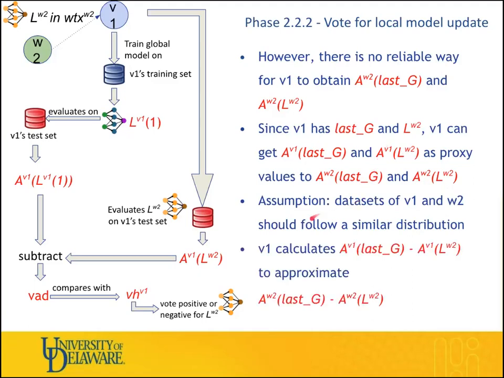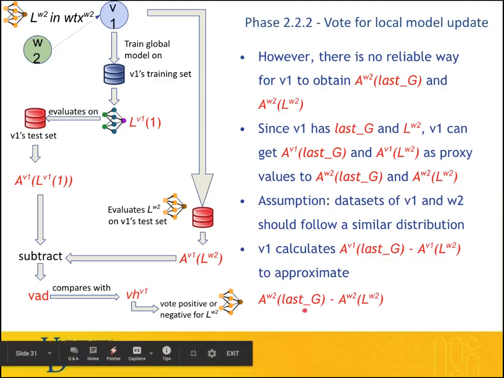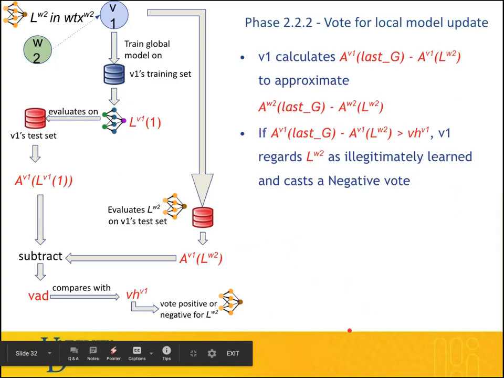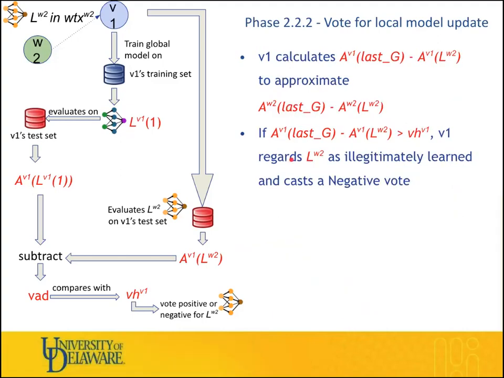Okay. Therefore, V1 could calculate AV1 last G minus AV1 LW2 and use this difference as the proxy difference to AW2 last G minus AW2 LW2. Then V1 compares this new proxy difference with its validated threshold value, which is the accuracy drop tolerance, and casts a vote by the same rule mentioned before.